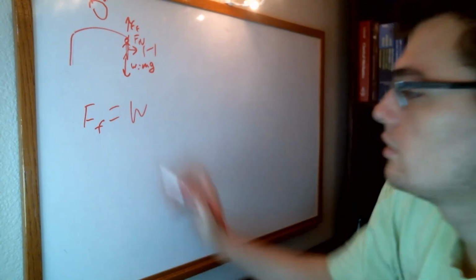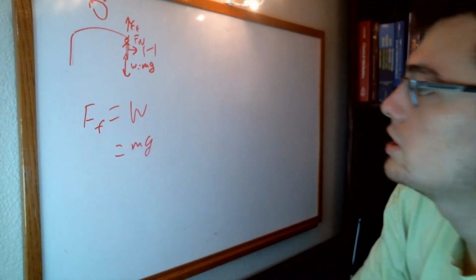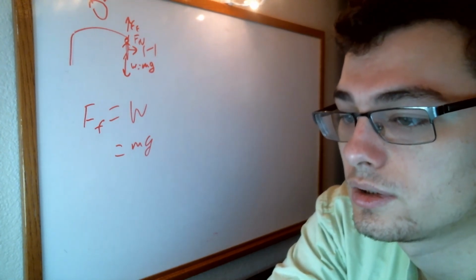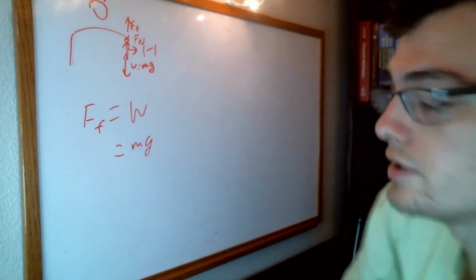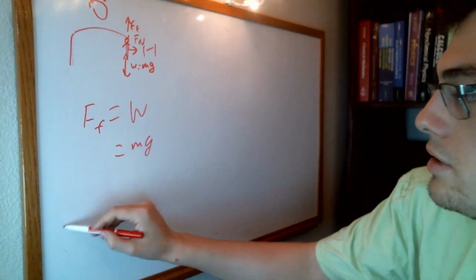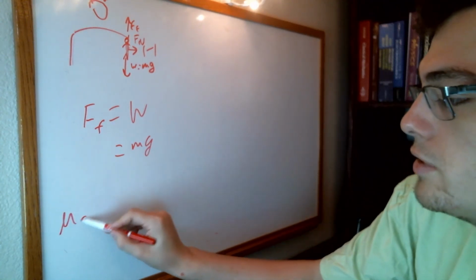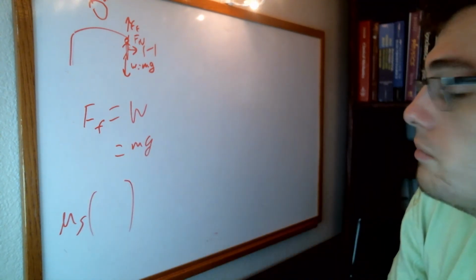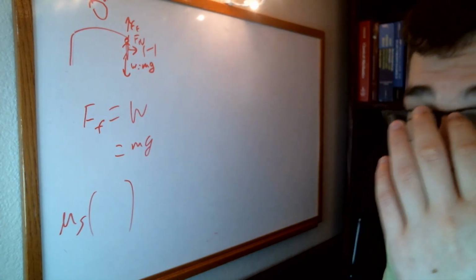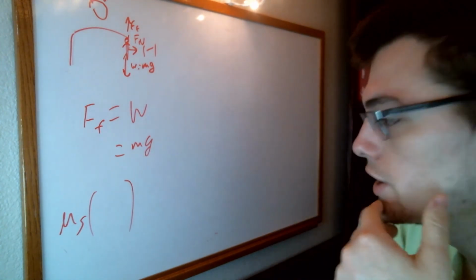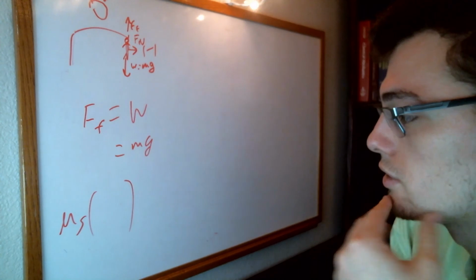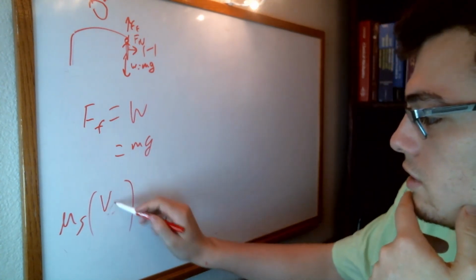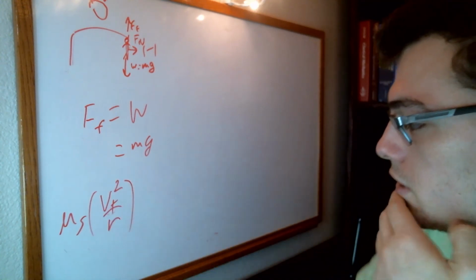So mg. So then in this case, F friction is going to be equal to mu s times Fn, and then the normal force here is just going to be our radial force here, or our centrifugal force. So then this is going to be m Vt squared over r.